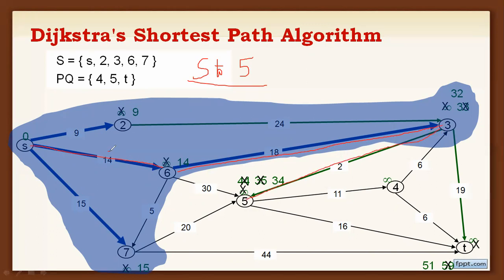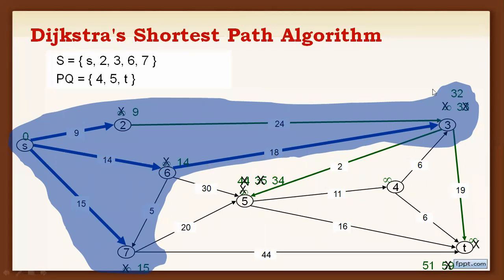The total cost is 14 plus 18 plus 2. You will get 34. And the minimum cost is 34, which can replace the existing cost 35. So the optimal way of moving from source vertex S to vertex 5 is S to 6, 6 to 3, 3 to 5. So this is the way.